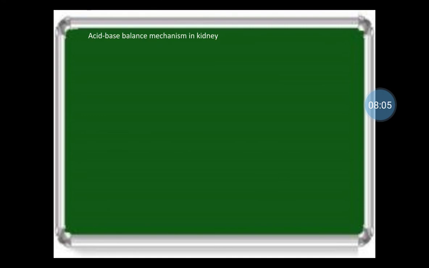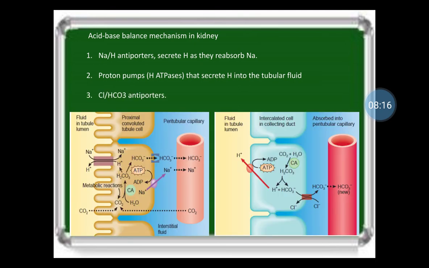Now the acid base balance mechanism in the kidney. First, the sodium and hydrogen antiporter, in which the hydrogen is secreted in the urine and the sodium is reabsorbed in the blood.